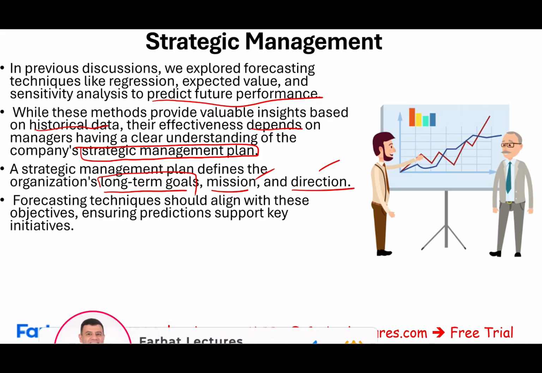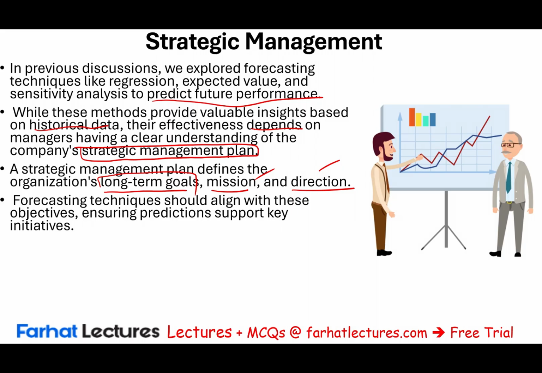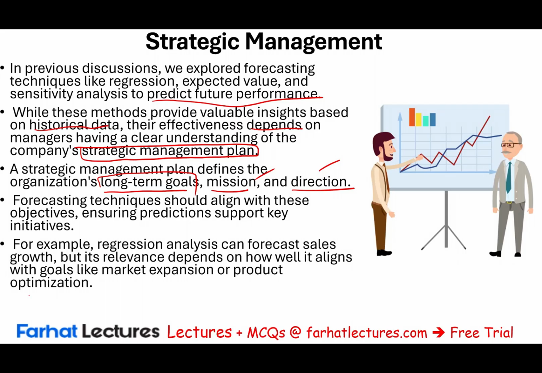Let me give you a clear example of why strategic management is important as part of forecasting. Let's discuss an example from the real world to make more sense of this. For example, regression analysis can forecast sales. Great, this is a forecasting technique, but its relevance depends on how well it aligns with goals like market expansion or product optimization.